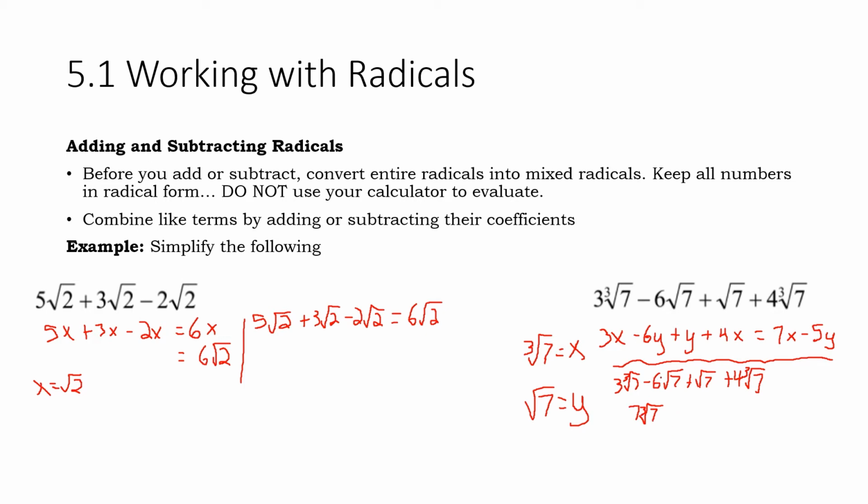And then we combine together the negative 6 square root 7's with the 1 square root 7, and that would be our minus 5 root 7. And there's nothing we can do with these separate roots, so we have to leave it as that.